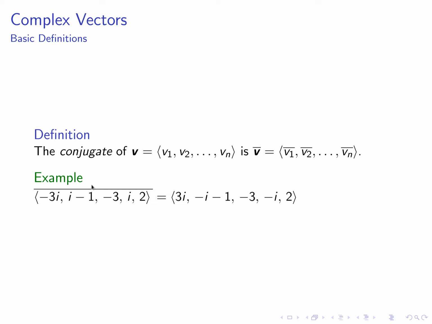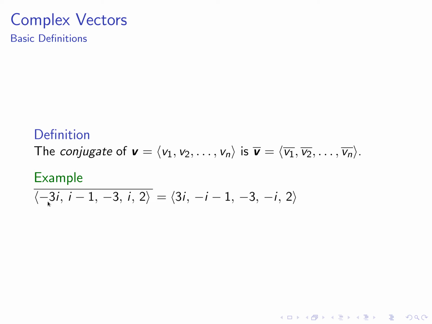So for example, here we're looking at the vector -3i, i minus 1, -3, i, 2. So this vector has 1, 2, 3, 4, 5 entries. So we have a vector in C5, and we're writing a bar on top of the whole vector, which is indicating that we are going to conjugate each individual coordinate of this vector.